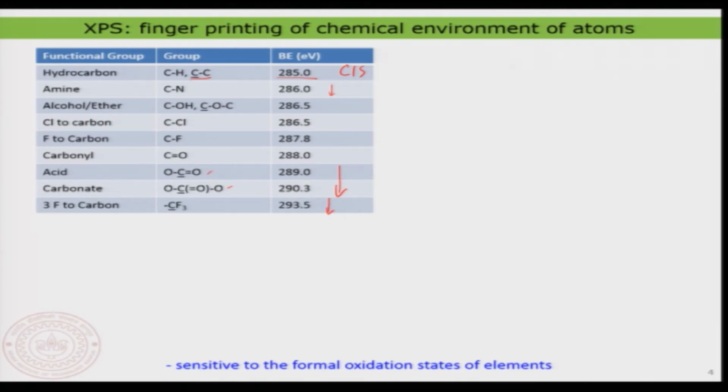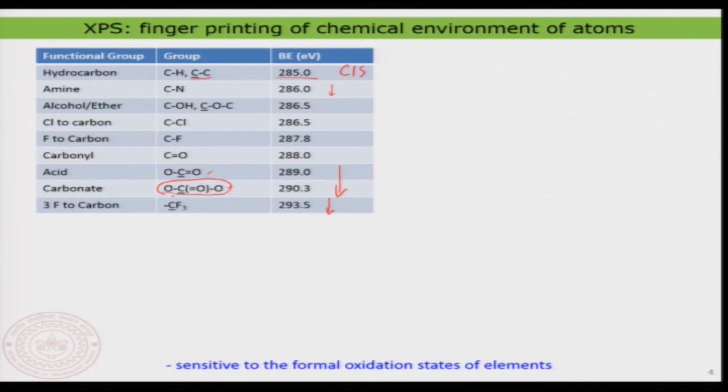So, what happens is that the oxygen draws the electron from carbon, and because of this the carbon is getting more oxidized. So, when carbon is connected to more oxygen, the carbon is more oxidized.